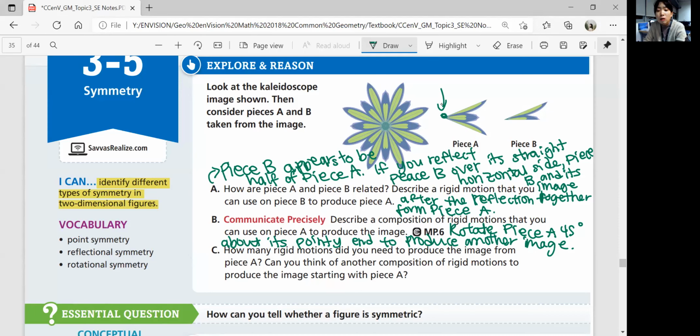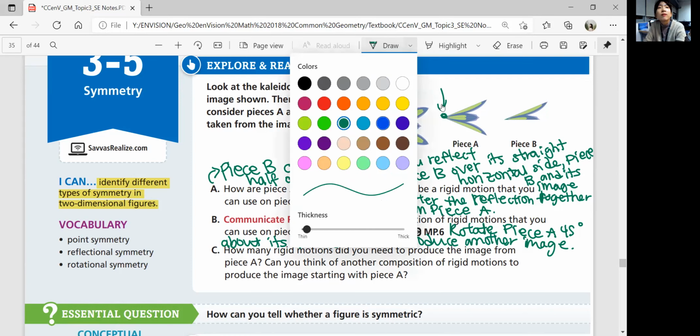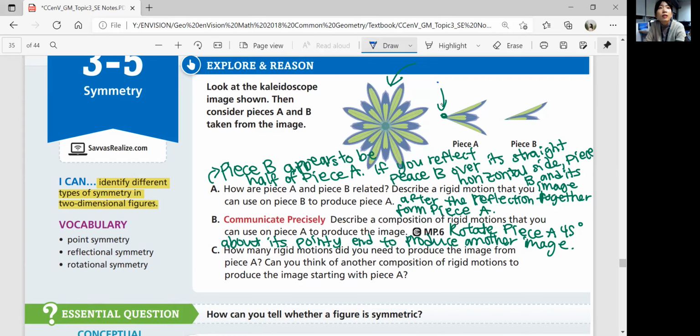Okay, so how many rigid motions did you need to produce the image from piece A to get the whole image over here, the whole kaleidoscope? So you can maybe divide your flower into sections.